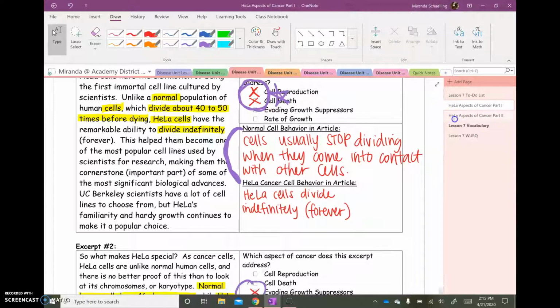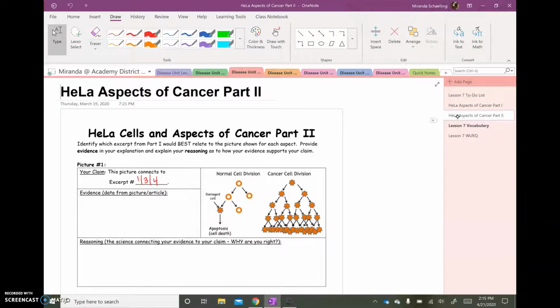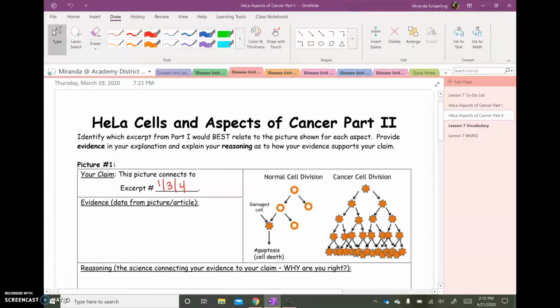Then you're going to go to the next section, and this is going to be matching it with the pictures. So this picture, I said you could connect it to 1, 3, or 4 because it's showing how normal cells have division, and then whenever we have a damaged cell, it dies. But cancer cells, we have a bunch of these damaged cells, see, because they look the same, but they don't go through apoptosis.